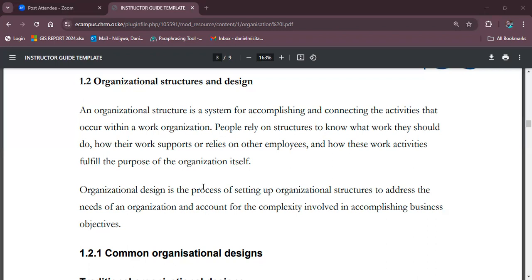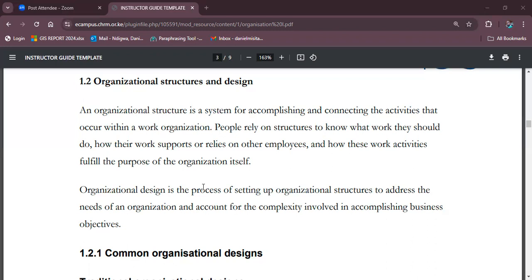So by definition, an organization structure is a system for accomplishing and connecting activities that occur within a work organization. For example, if you're working for a manufacturing firm, there's a system in which those activities have been connected together so that at the end of the day, if you are in the procurement department, you already know who you are supposed to report to and what are some of the activities that you need to do.